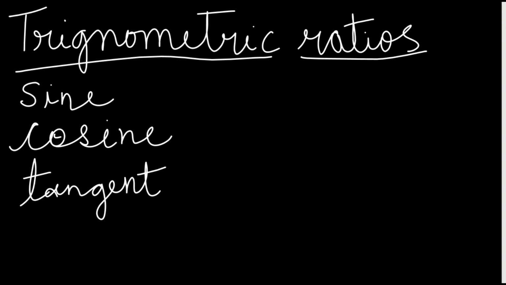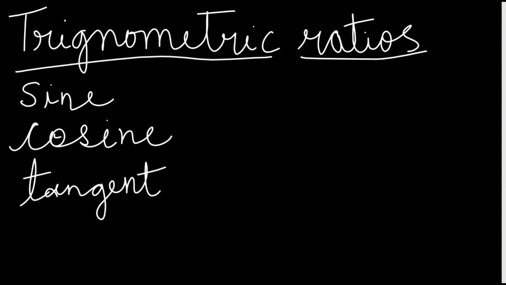Now we are going to study part 2 of our chapter, trigonometric ratios. So what are these trigonometric ratios? The ratios of the sides of a right triangle are called trigonometric ratios. It will form different ratios like opposite by adjacent, adjacent by hypotenuse, opposite by hypotenuse. All these are called trigonometric ratios.